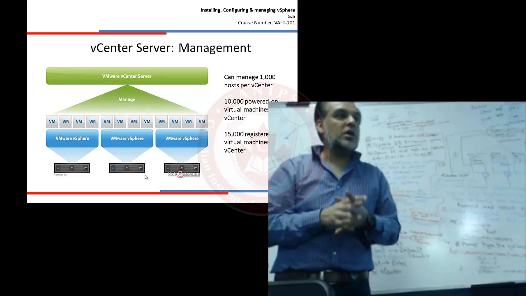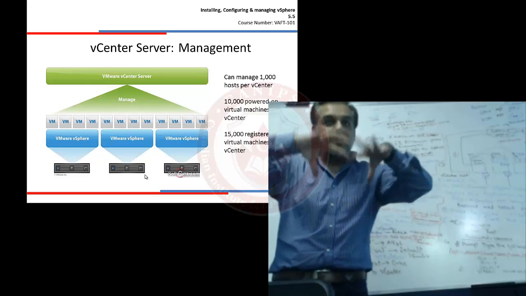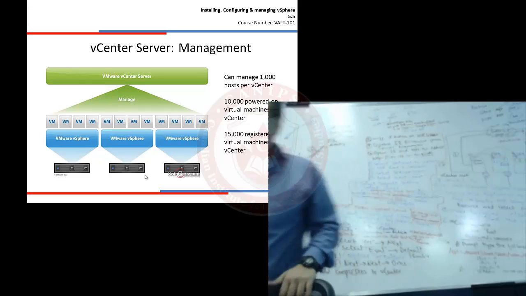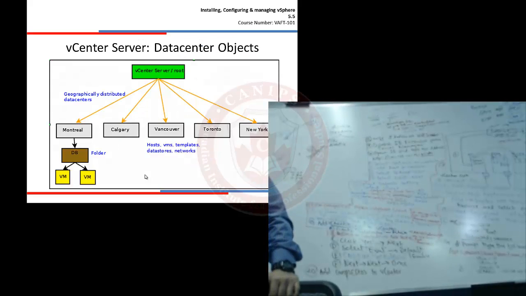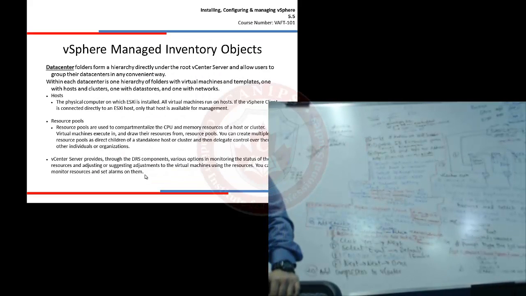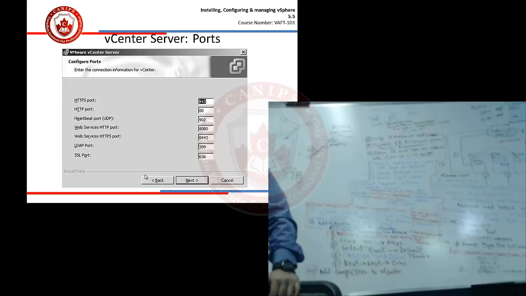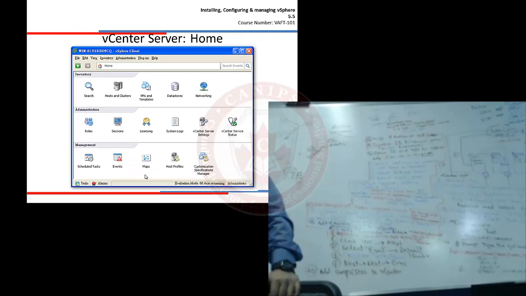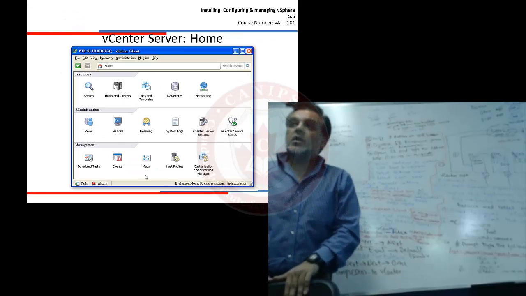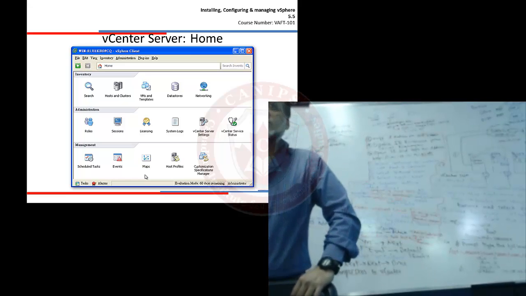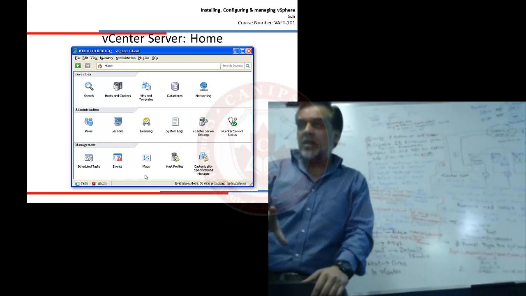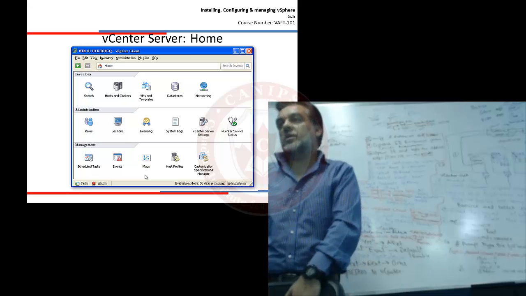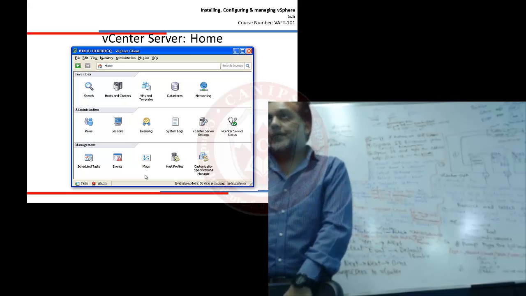No. We're not talking about multiple companies. We're talking about one company having different branches. In a real environment, sometimes we use the Appliance, but mostly we use Windows-based vCenter.